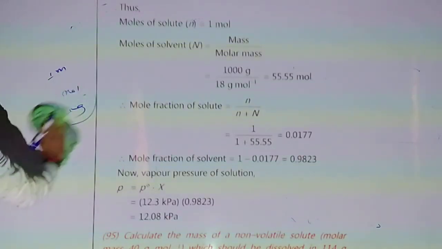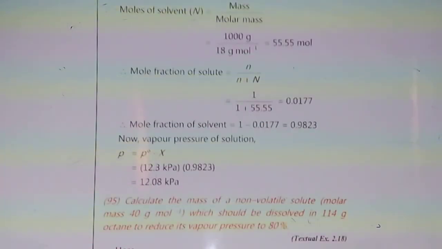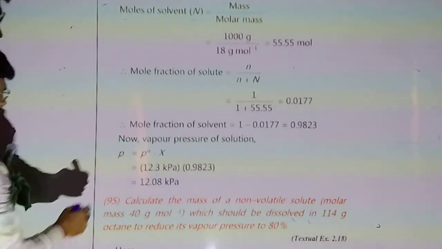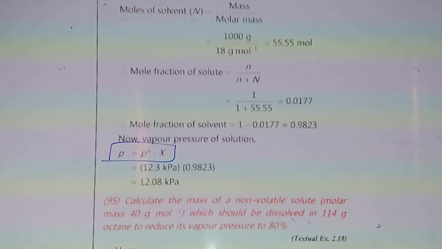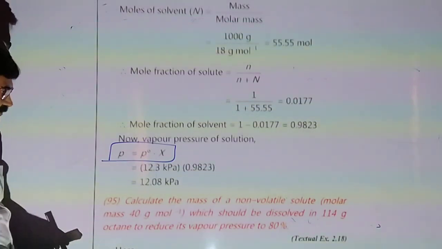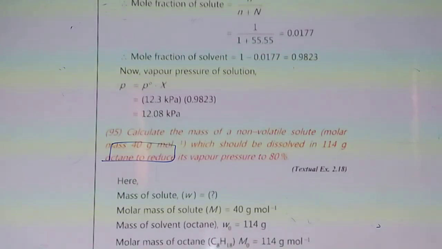So mole fraction of the solvent is 1 minus 0.0177, 0.9823. Now vapor pressure of solution, P equals P degree into X, 12.3 into 0.9823. So 12.08 kilopascal is our answer.